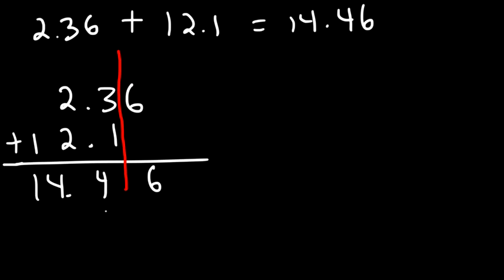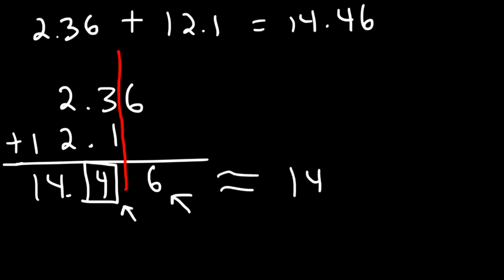We're going to keep this significant figure, but we need to determine if it should stay a 4 or if we should round it up to a 5. Looking at this number, it's greater than 5, so we need to round up. Our answer is going to be 14.5. And that's how you're supposed to do it when adding or subtracting.